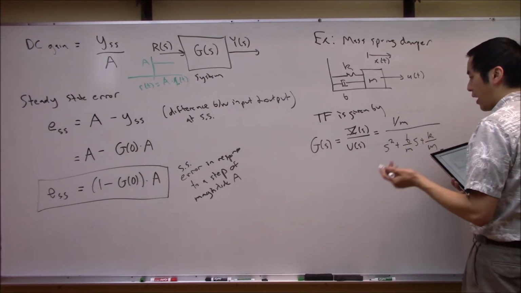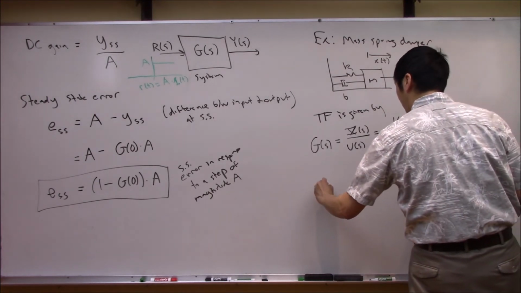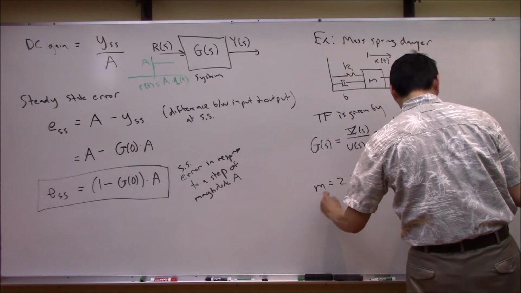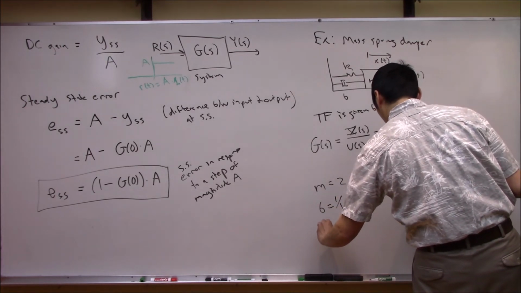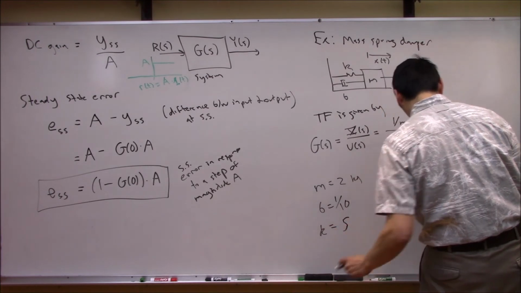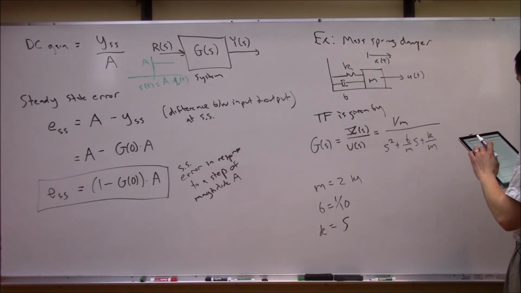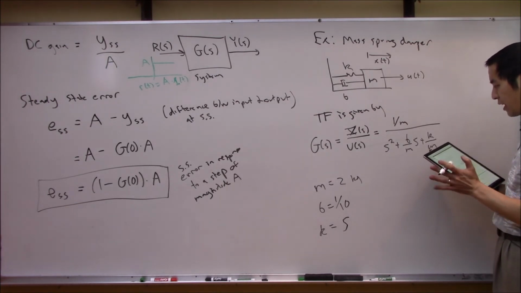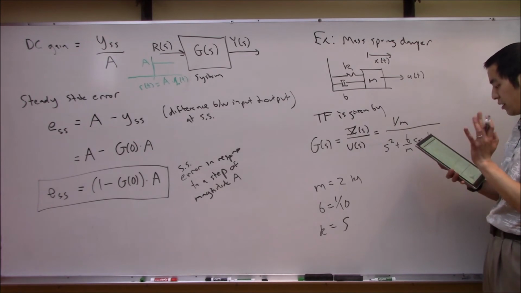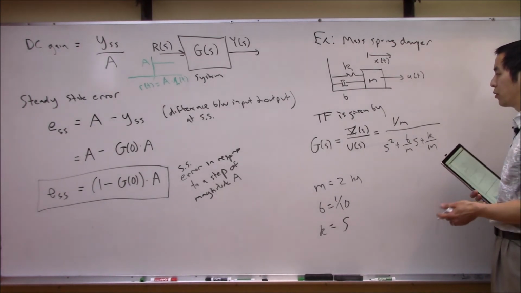Now to make life easier, let's choose a couple of constants. Let's just say M is 2 kilograms, B is 1/10, and K is 5. What I want to do now is go over to Mathematica and actually compute things like the steady state position, the DC gain, and the steady state error, and make sure all of this seems reasonable.